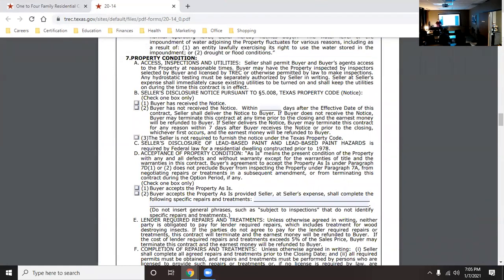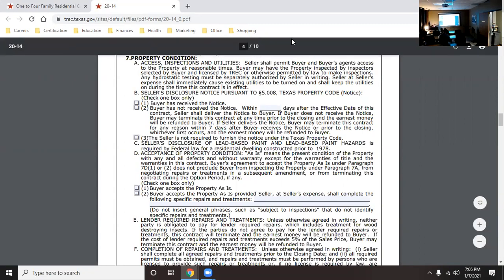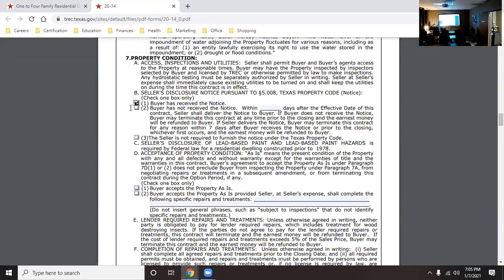If you are representing the seller, you want to have that box right there checked. The one I just checked right there. Okay? If you're representing the seller, I want the buyer to have already received notice.